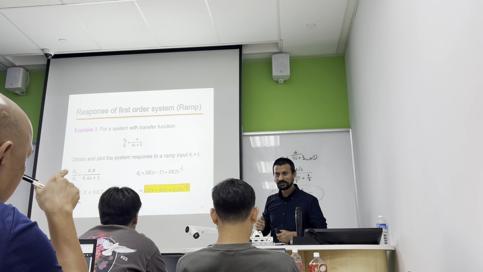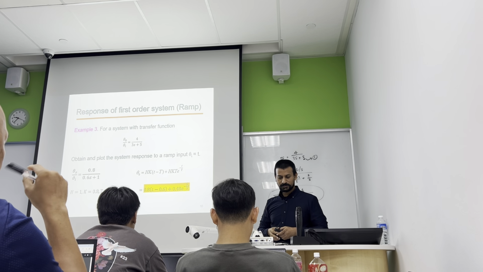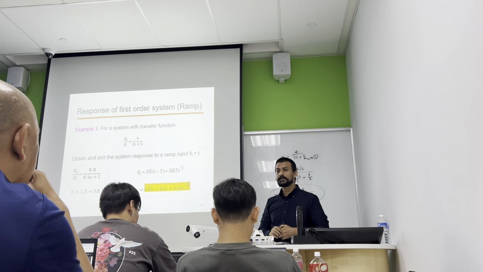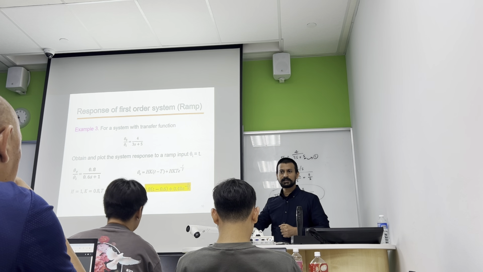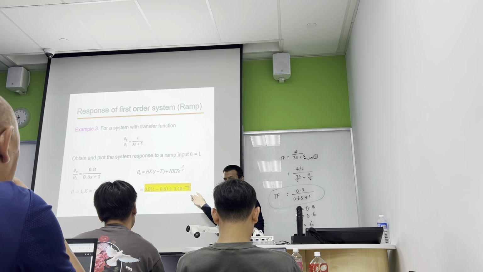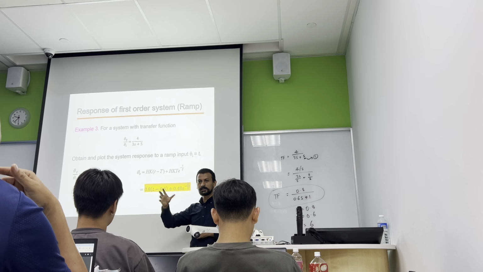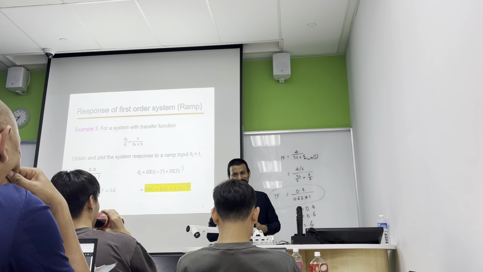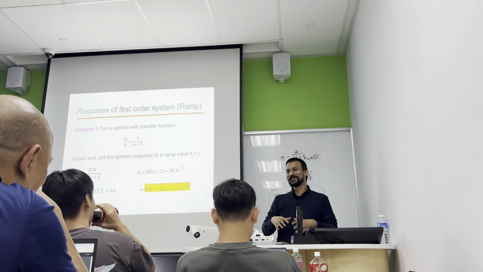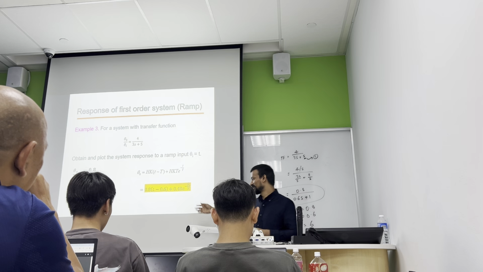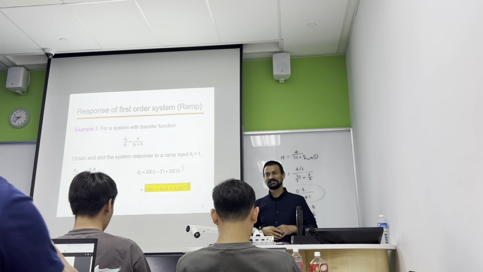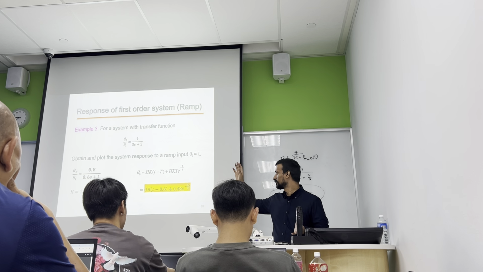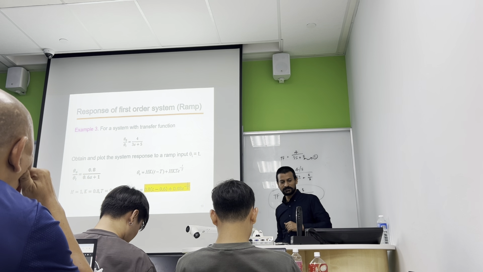Oh, t is open. Good question. If they give t equal to 10, then once you get this one, substitute the small t equal to 10, then you get a numerical value. But so far we never ask, so we don't make it so complicated. As long as you get the expression, just leave it over there. So you know where to refer on the formula sheet and read the question, then done.